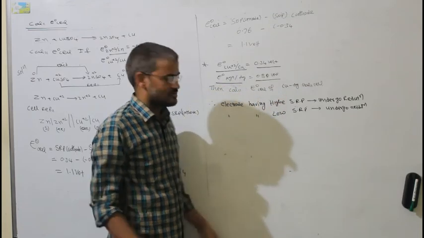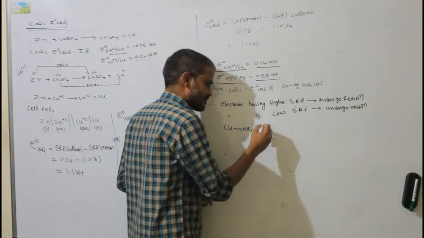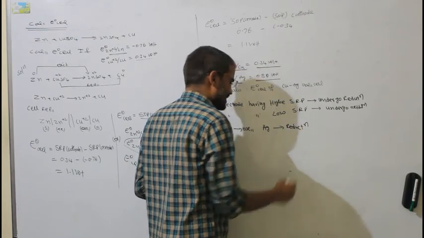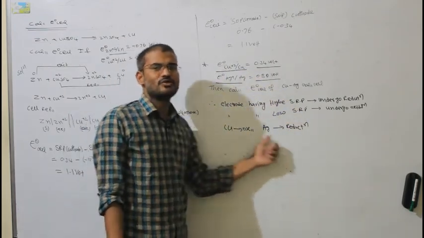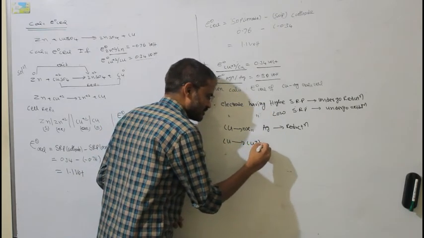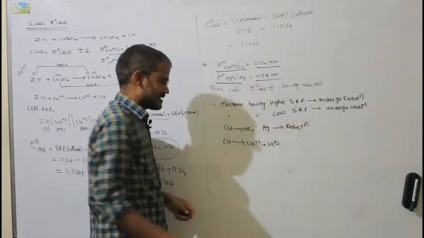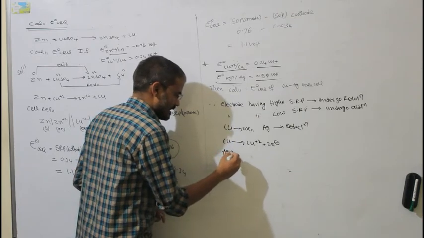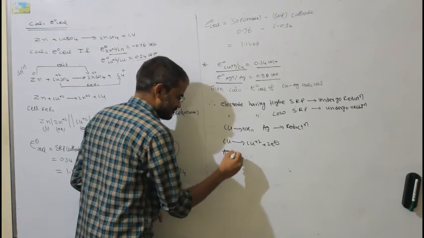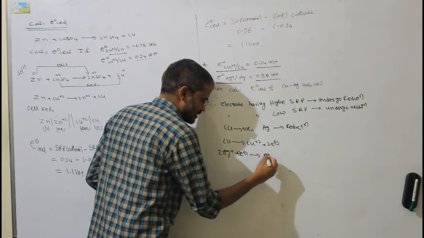Silver will undergo reduction. So what can we write here? Copper participates in oxidation, silver participates in reduction. Oxidation means atom becomes ion: Cu becomes Cu2+ by losing 2 electrons. Silver undergoing reduction means gain of electron: Ag+ becomes Ag by accepting an electron.